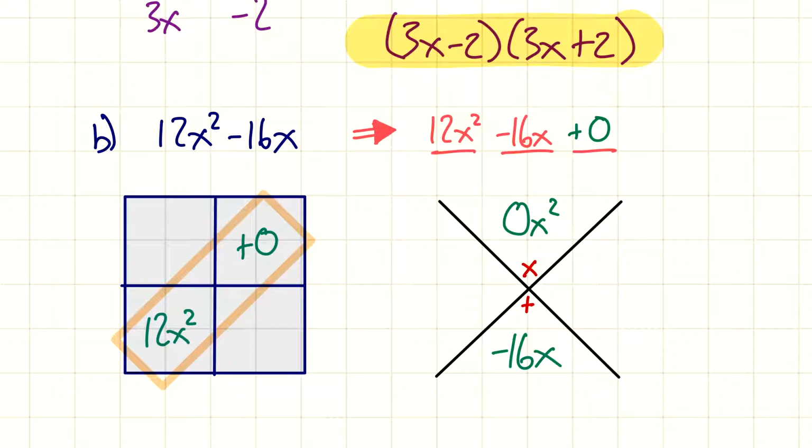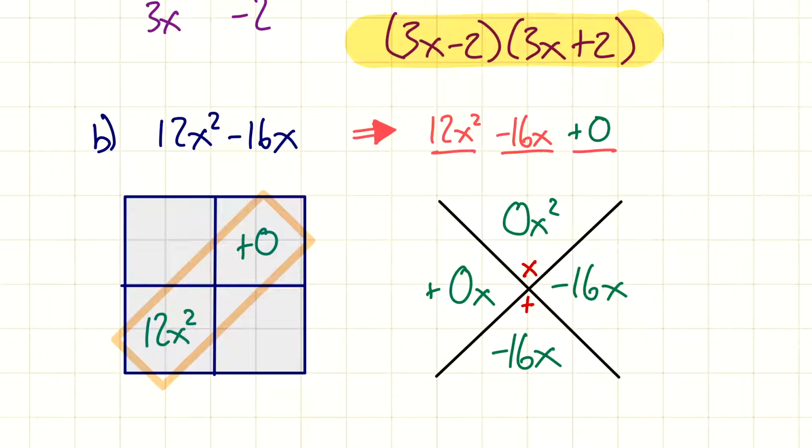Any ideas? All right, so let me see. All right, so this is going to be 0. Let's do 0, positive 0x, and let's do a negative 16x.